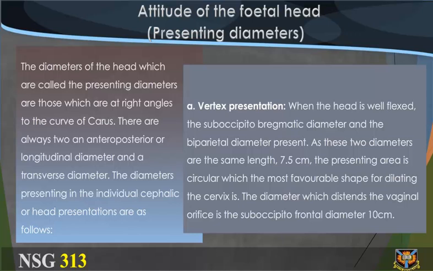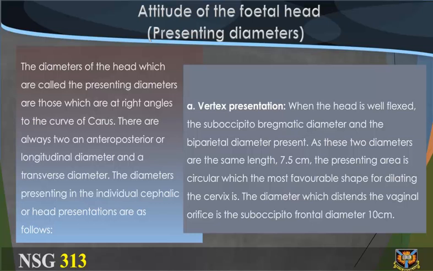There are always two: an anterior-posterior or longitudinal diameter and a transverse diameter. The diameters presenting in the individual cephalic or head presentations are as follows. A. Vertex presentation. When the head is well flexed, the suboccipital bregmatic diameter and the biparietal diameter present.